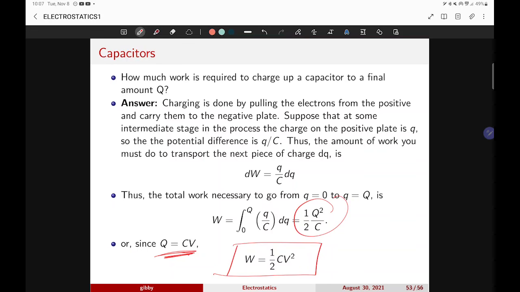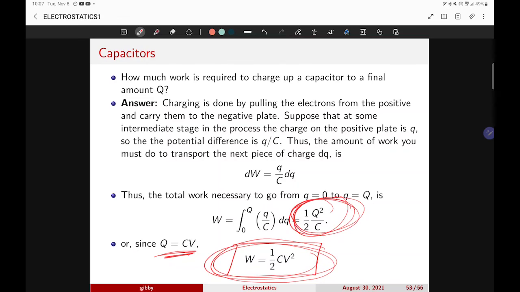Q is just CV. So the form of the work needed to charge a capacitor is given by this expression, or this one. If you have potential and capacitance, or if you have charge and capacitance, you'll use this one.